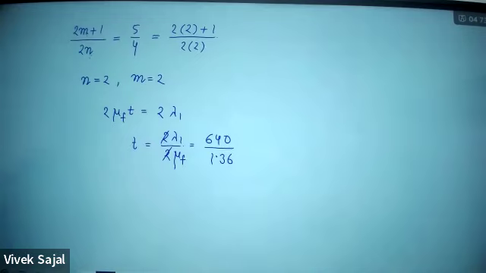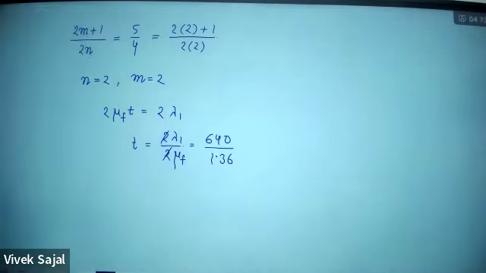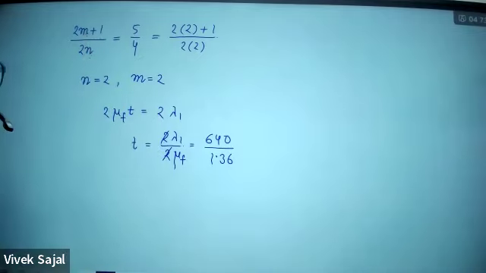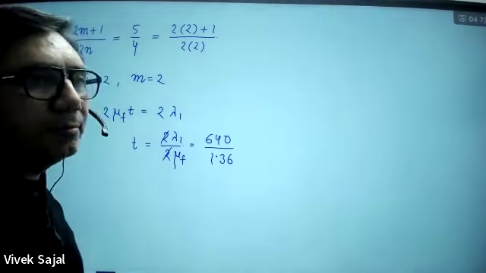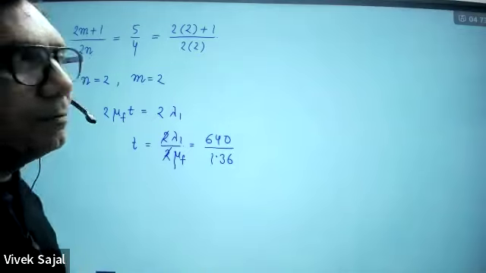Sir, why are the values of n and m 2? Okay, look here, you are having this equation. You want to find out the minimum value of m and n so that the thickness should be minimum. There is no upper limit, but we always find the minimum value.